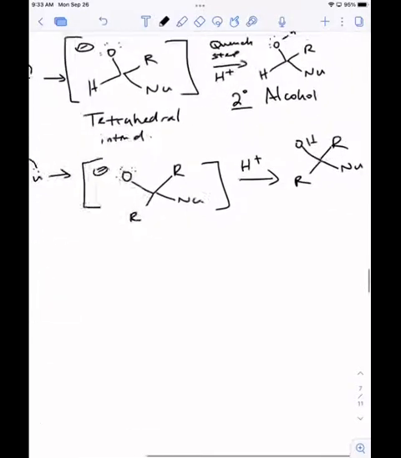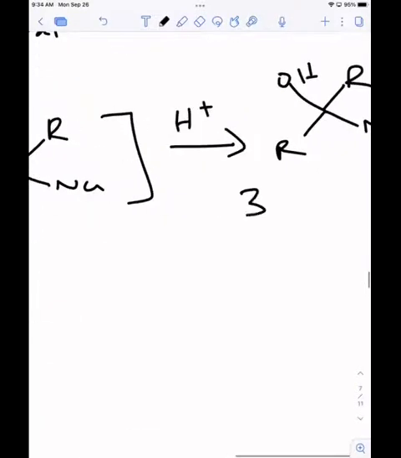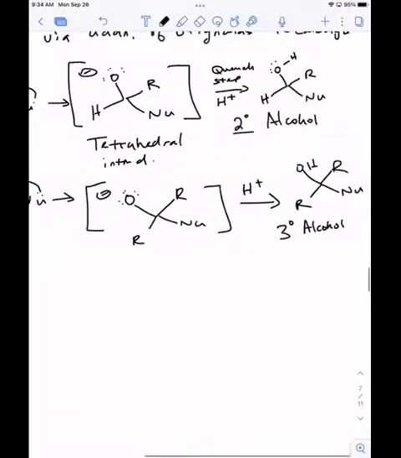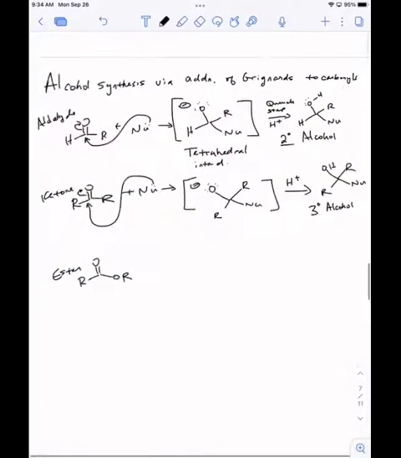If you start with a ketone, you're going to get a tertiary alcohol. Right, so ketone will give you a tertiary alcohol in the product after adding a Grignard to it, and aldehyde will give you a secondary.